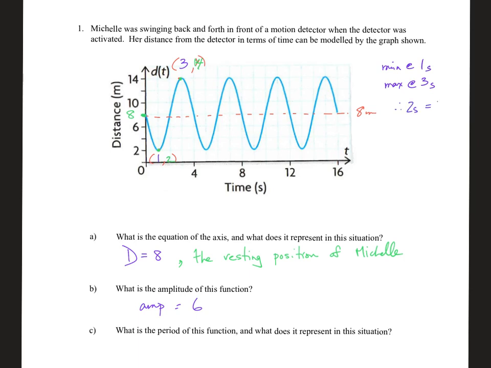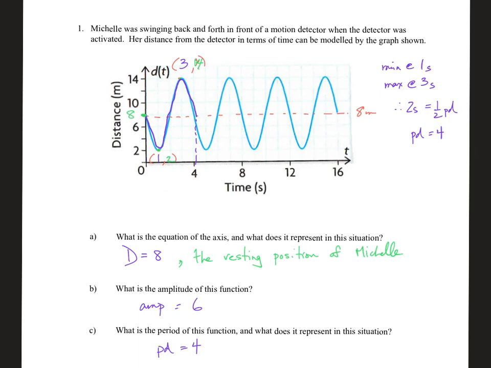We know that that equals half the period, and so we can see that we have a period of 4. Now, we do get a little confirmation on our graph. If I trace over one cycle, we can look down on that graph and see that that takes 4 seconds.